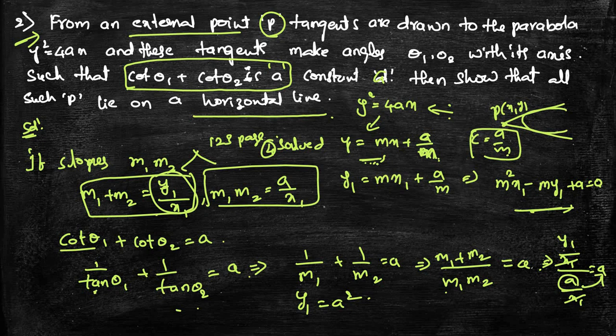So y1 is equal to a square, which is a horizontal line. So the point P lies on a horizontal line, as he asked us to show. Now moving to the next question.